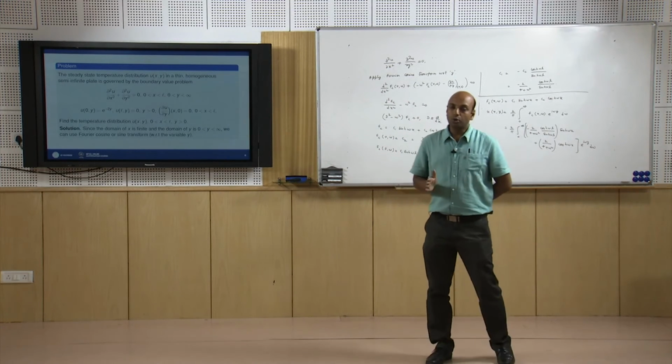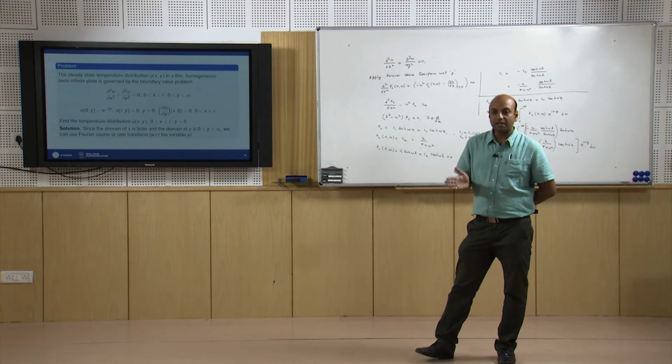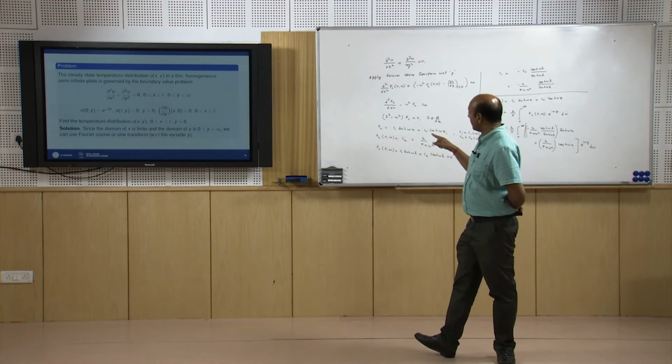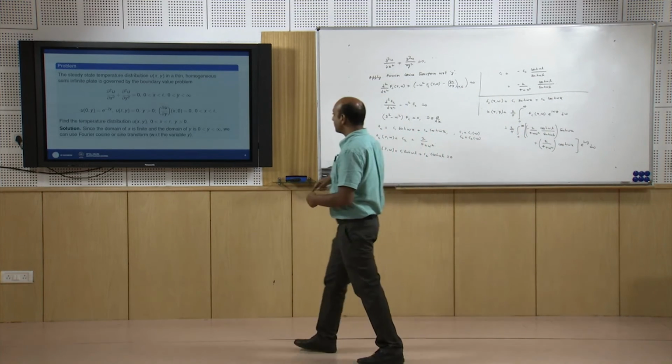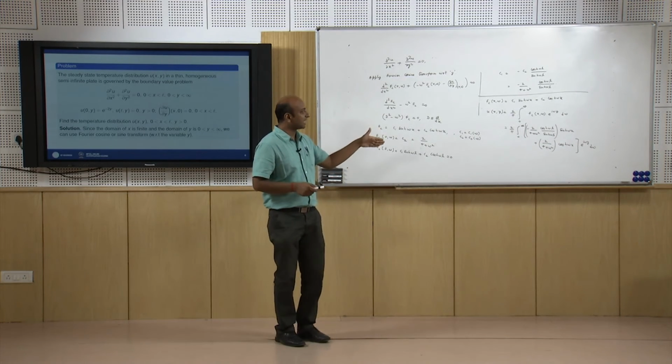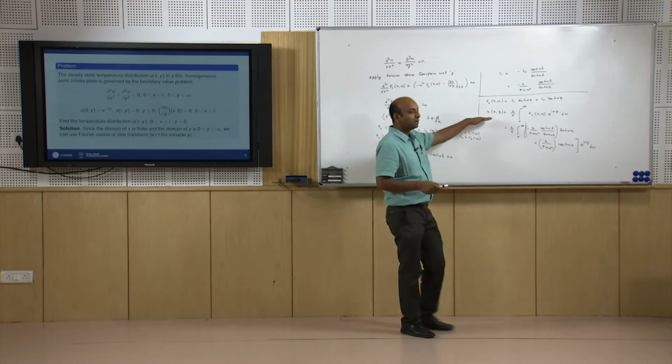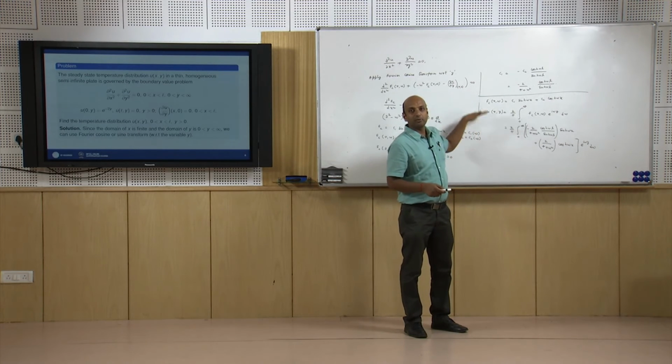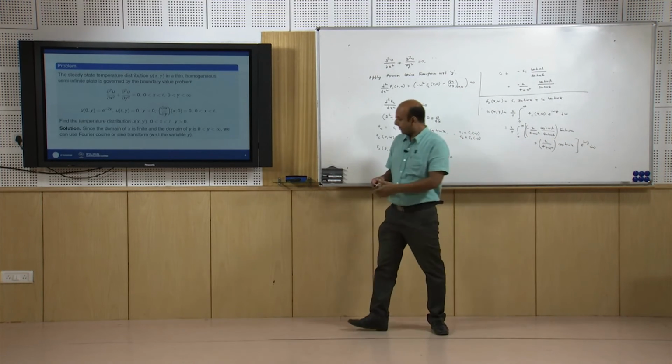So, you apply either Fourier sine or Fourier cosine transform, and for finding the arbitrary constants C1 and C2, you have the conditions given in the problem, and finally take the inverse sine or cosine transform to find out the final solution of the given partial differential equation.